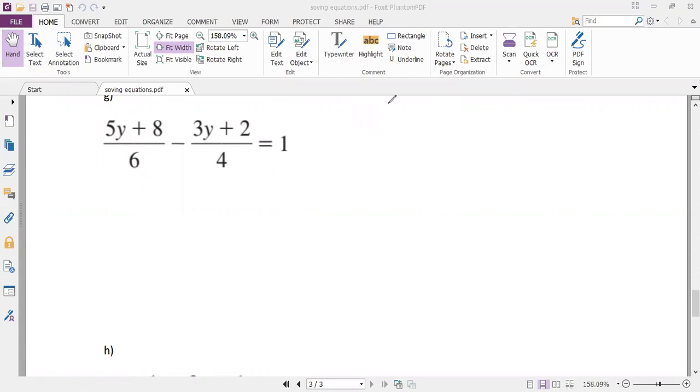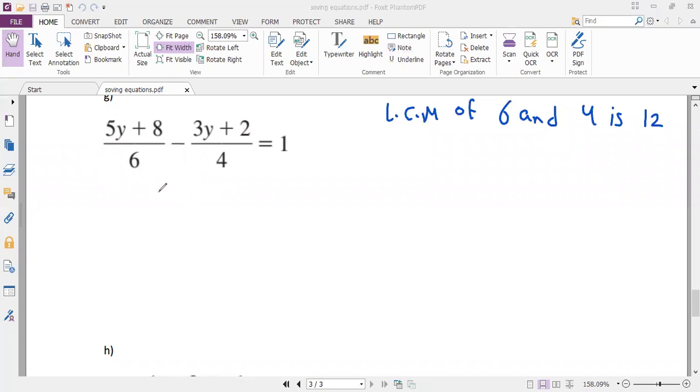So the LCM of 6 and 4 is 12. So multiply both sides, the left side and the right side, by 12. Multiply all terms in the left side by 12, and multiply all terms in the right side by 12.